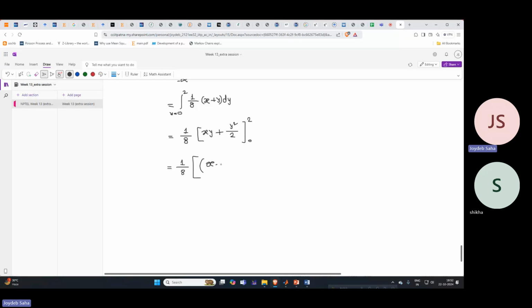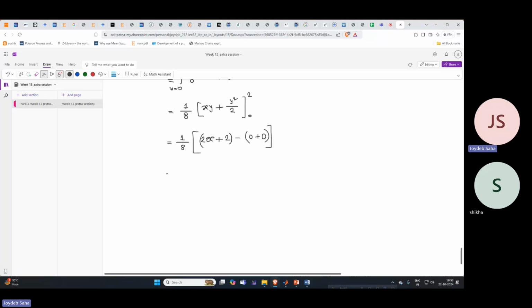So x plus 2 is 2x minus 0 plus. So it is 1 upon 4 (x plus 1), and condition is 0 less than x less than 2.